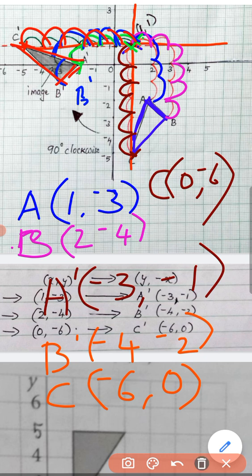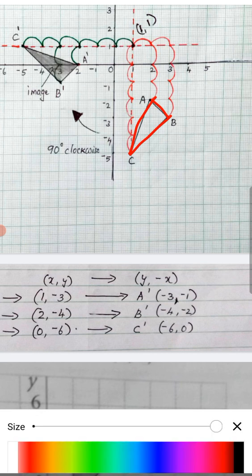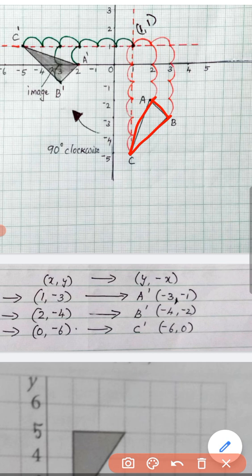Okay. Let me explain this once again, children. This is our given shape. It is a triangle. The name of the triangle is ABC. Okay, here the center of rotation is 1, 1.